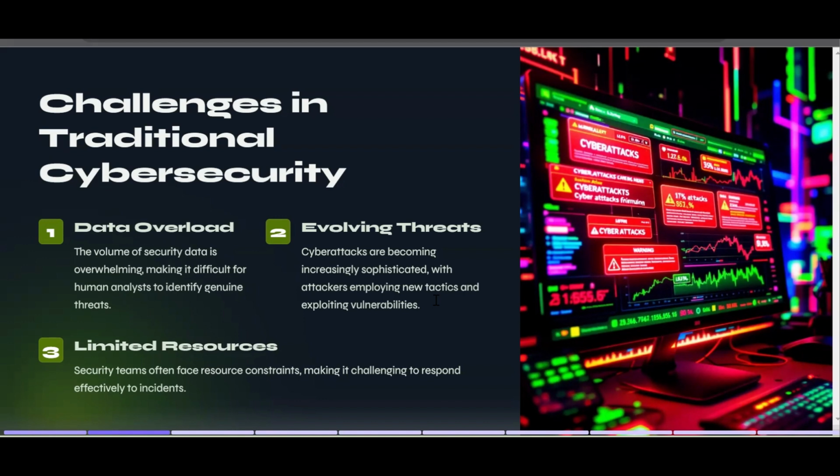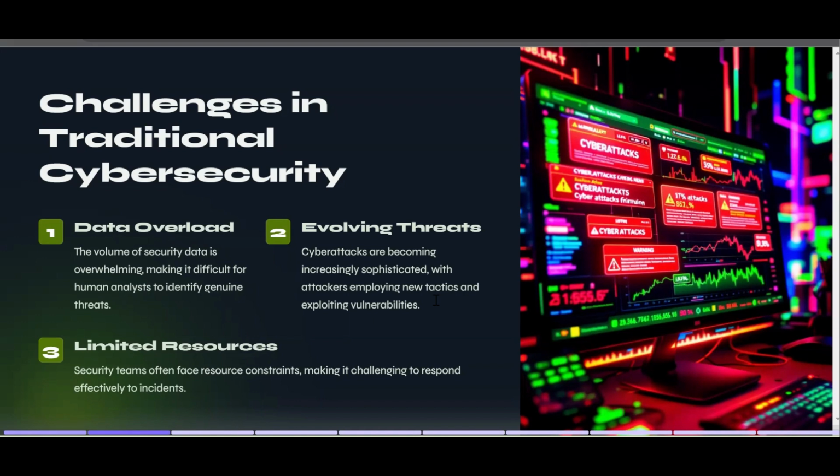When we say resources, it could be the security tools, it could be the budget to buy or procure those security tools, or there are human resources, like we don't have many analysts, for example. We don't have any specialists, we don't have any experts. We are lagging behind in that area. So limited resources give another challenge in terms of the traditional cybersecurity we will be using.